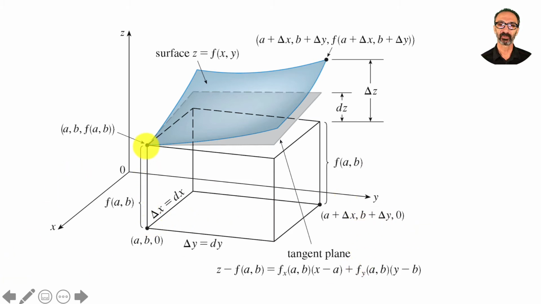This much up to this point will be the actual f of (a, b), which is identical to this much right here. Now, if you want to go from this point, which is near this point, up to the surface itself, that will be actual. If you want to approximate, you reach up to the tangent plane, and that would be approximate. And there's a difference between them, as the graph shows. And that's the approximation and the difference between delta z and dz.